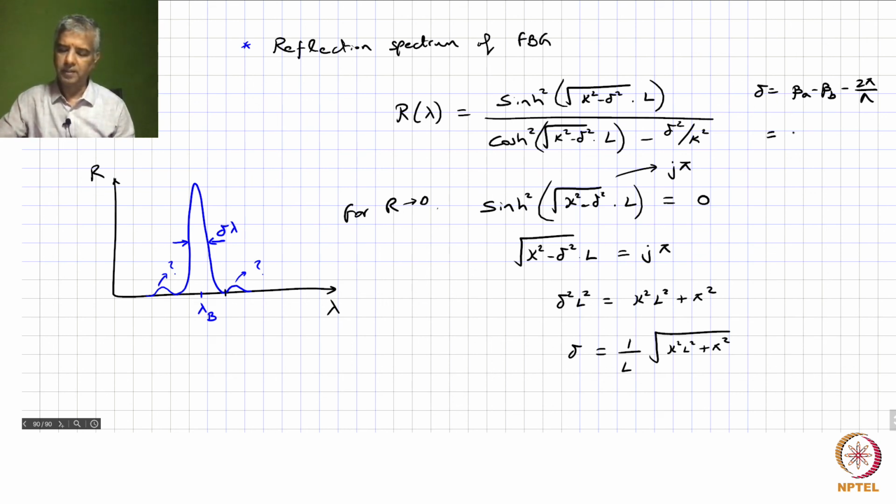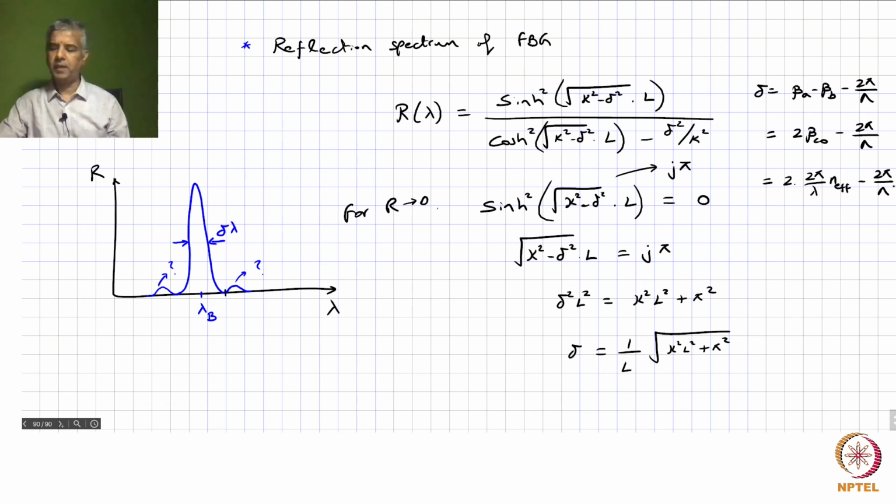So you can write this as 2 times beta core minus 2 pi over capital lambda, and this 2 times beta core can be written as 2 multiplied by 2 pi over lambda times n effective, minus 2 pi over capital lambda.